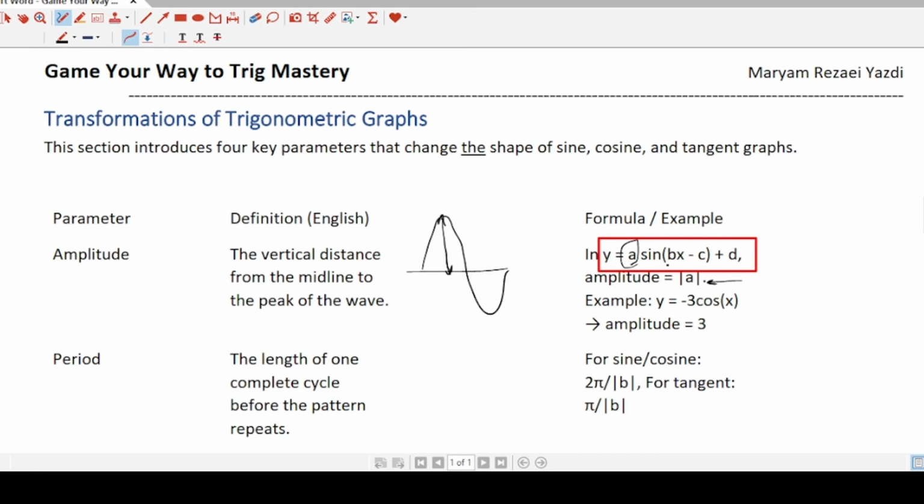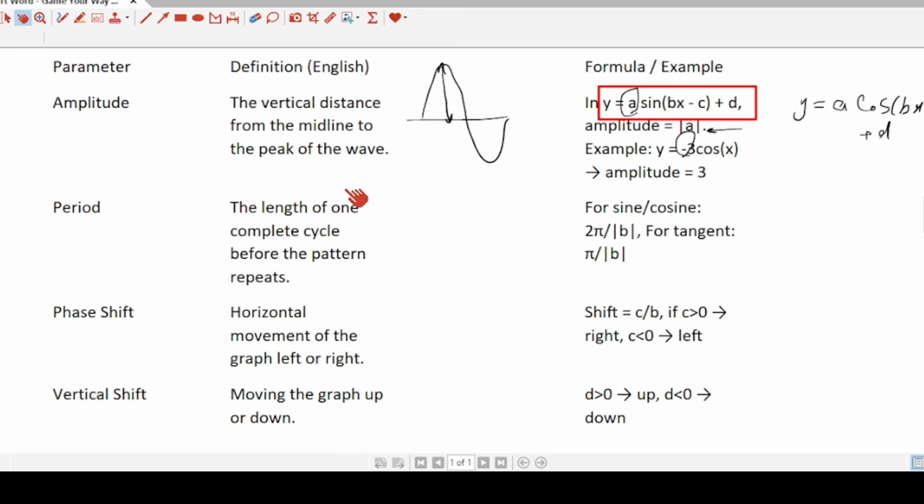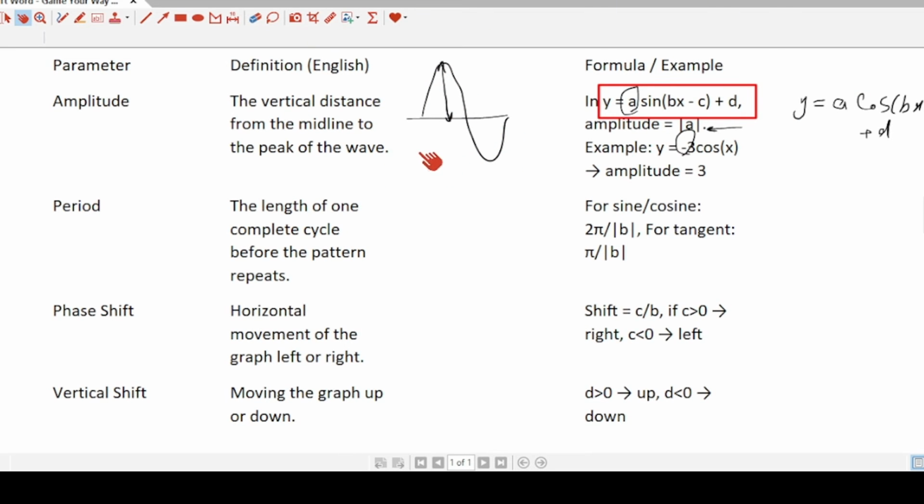If this function is in terms of cosine, we do the same procedure. If the coefficient is negative, what happens? For that too, we take the absolute value. That means the wavelength is 3.